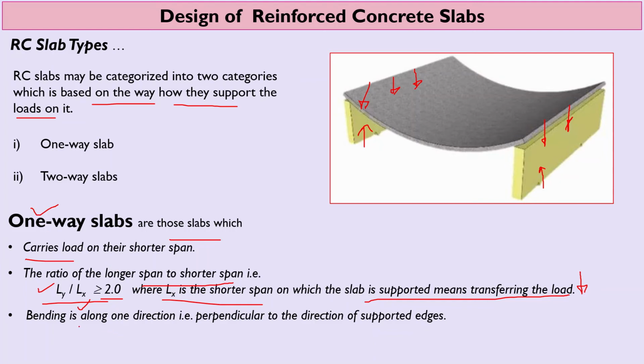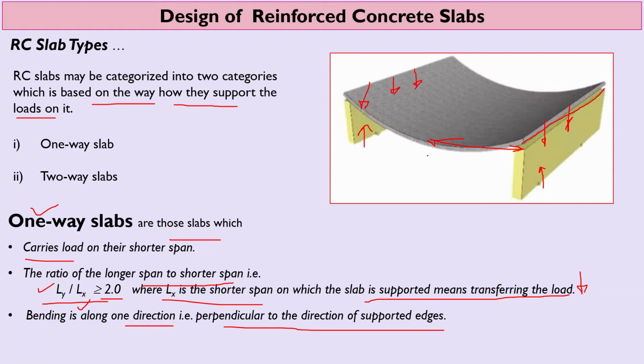Now, if we take bending, the bending will be along one direction, particularly perpendicular to the direction of the supported edge. These are the supported edges, and this direction is perpendicular to the support edge. So bending will be predominantly along this direction.